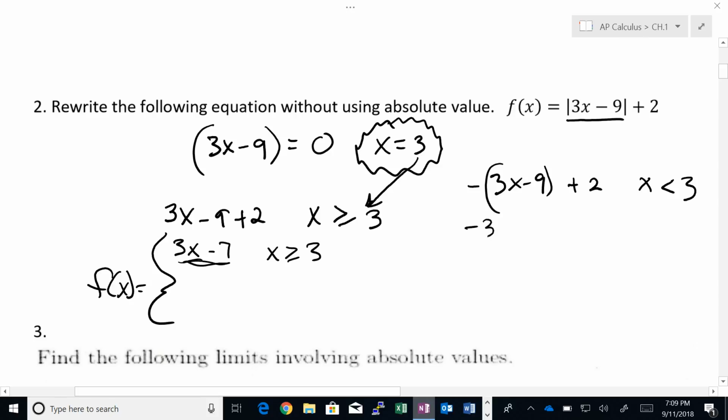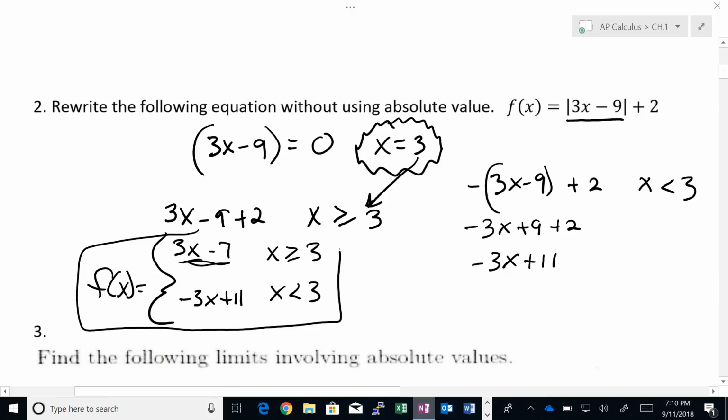Okay, so this becomes negative 3x plus 9 plus 2, which cleans up to negative 3x plus 11 for all x less than 3. Okay. So that was number 2 for Moretta. We did 16. All right.